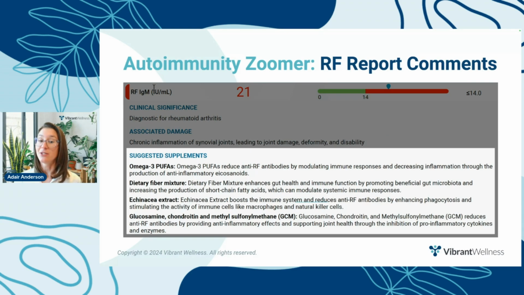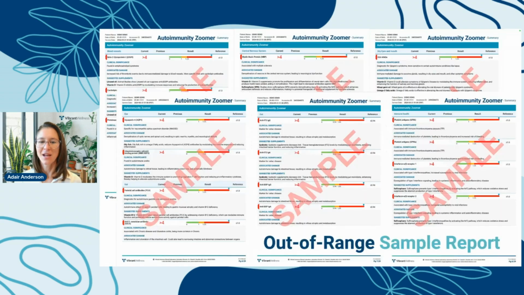The Autoimmunity Zoomer report includes unique supplements shown to either help reduce specific antibody levels or supporting supplements generally considered helpful for autoimmune conditions. For example, the comments for rheumatoid factor include omega-3s, dietary fiber, echinacea, and glucosamine, chondroitin, and MSM. Again, we'll be emailing you the 29-page all-out-of-range report so you can view the comments for every single marker on the Autoimmunity Zoomer report.